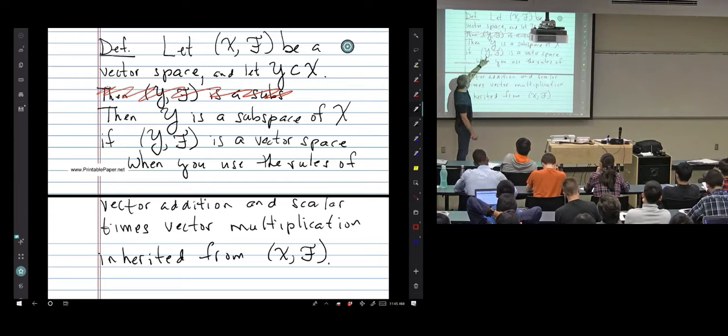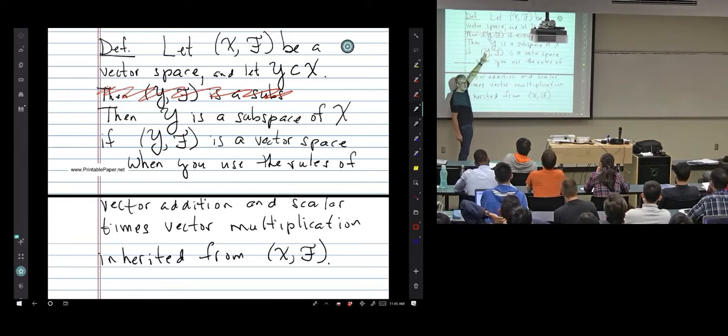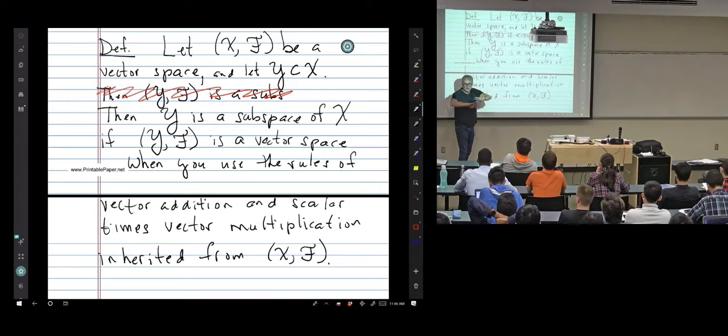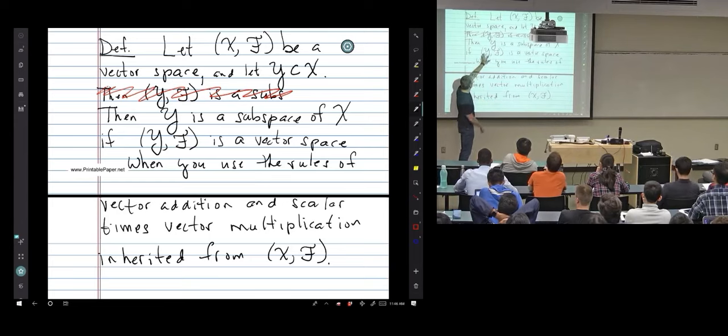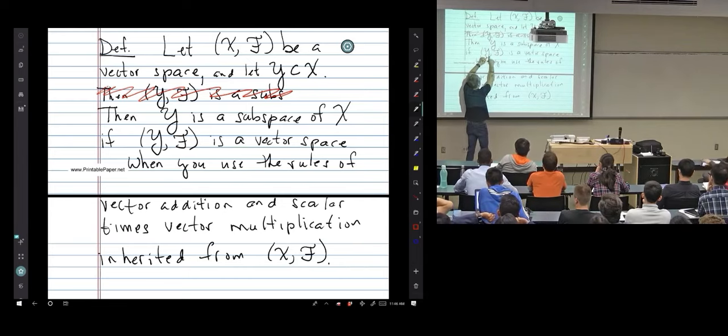So all it is saying is that when you add vectors in Y, look, anything that's in Y is also in X. So how do you add two elements in Y? You use the same rules that you would use in X. You can't define another way to do it. Okay? Then it's not a subspace. It could still be a vector space, but it's not a subspace of X. To be a subspace of X, when you add the things in Y, they have to be added the same way you would add them in X, because if it's in Y, it's in X, so I know how to add them.